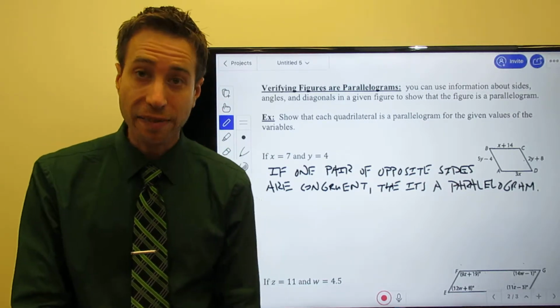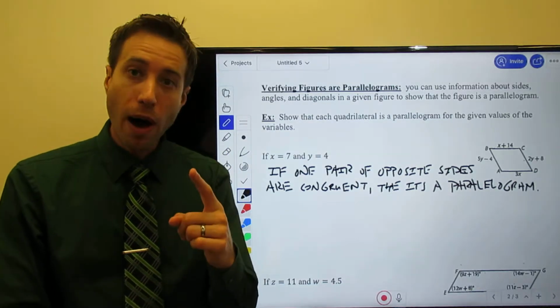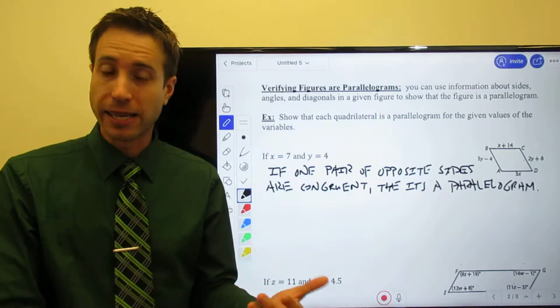So all we have to do is show that one pair of opposite sides are congruent.